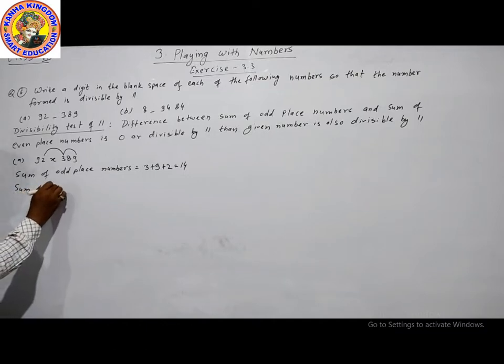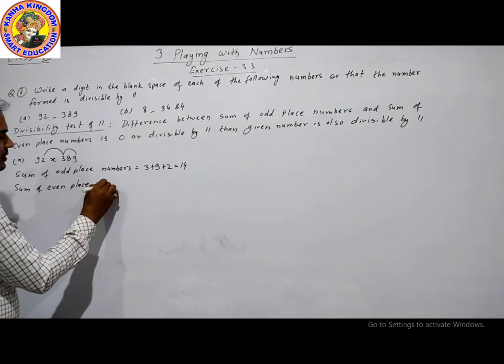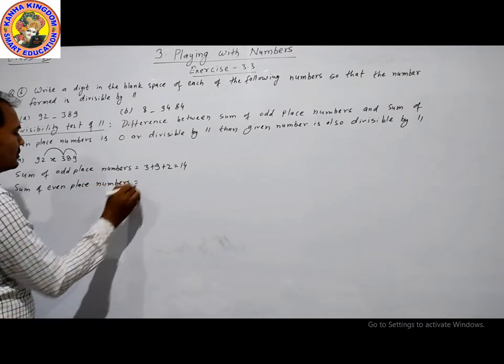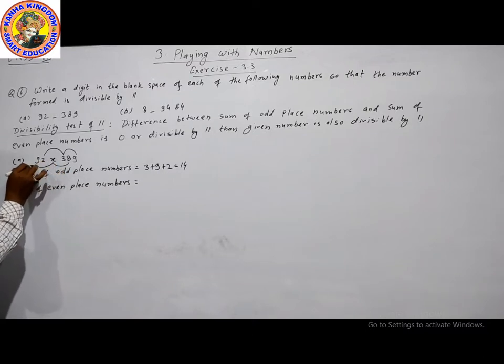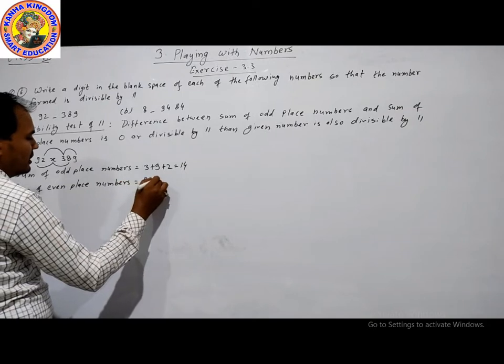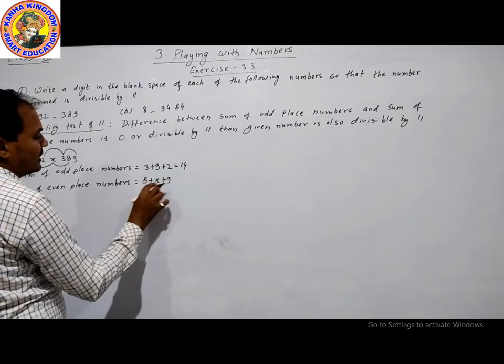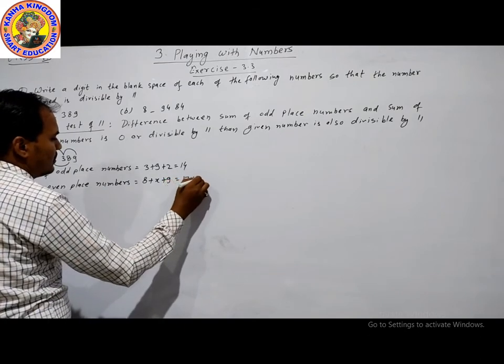Sum of even place numbers: 8, x and 9. 8 plus 9 is 17 plus x.